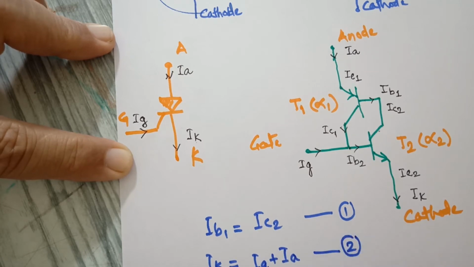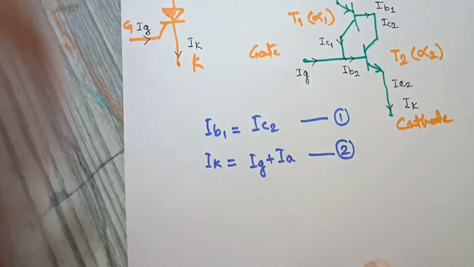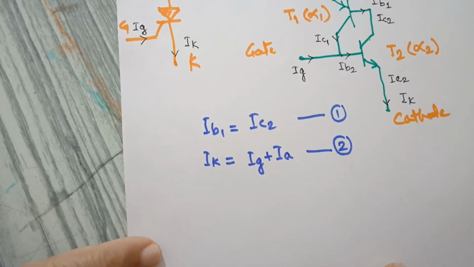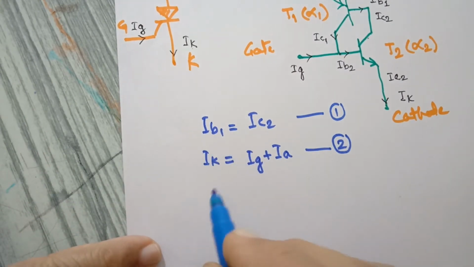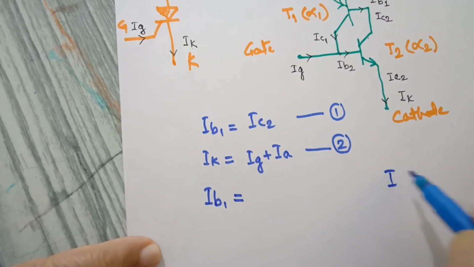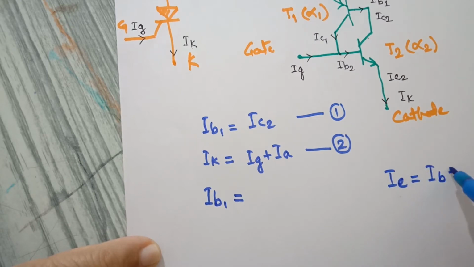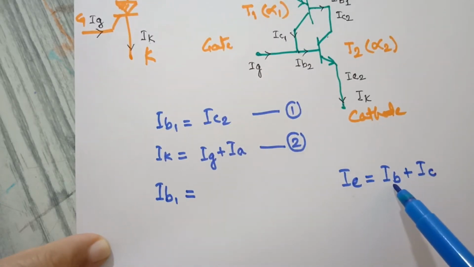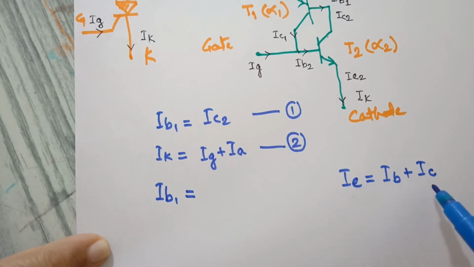This is the second equation. Then the base current can also be expressed as follows. You know that for a transistor the emitter current is given by base current plus collector current, and from this you get IB as IE minus IC.